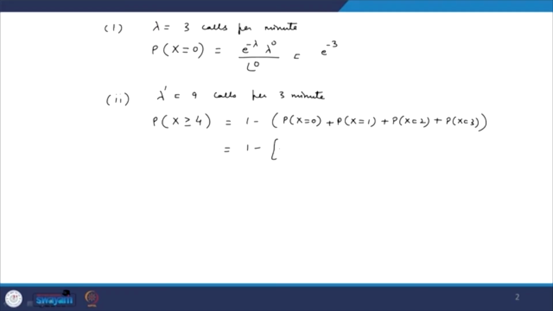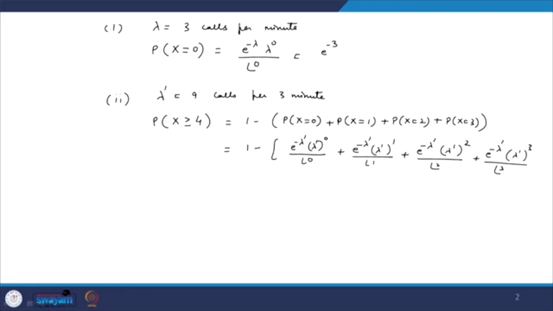It is again by the simple expression: e raised to power minus lambda dash into lambda dash raised to power 0 upon factorial 0, plus e raised to power minus lambda dash into lambda dash raised to power 1 upon factorial 1, plus e raised to power minus lambda dash into lambda dash raised to power 2 upon factorial 2, plus e raised to power minus lambda dash into lambda dash whole cube upon factorial 3.